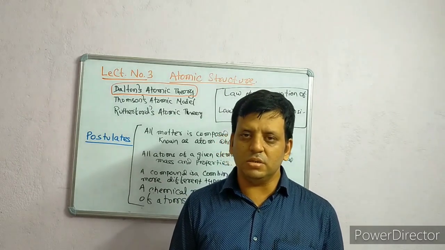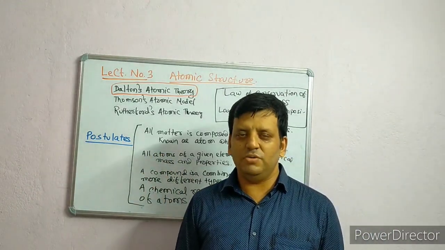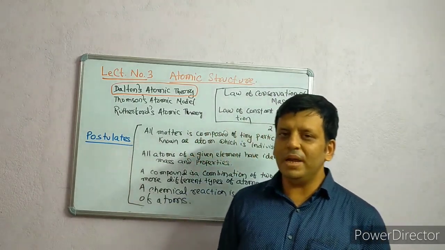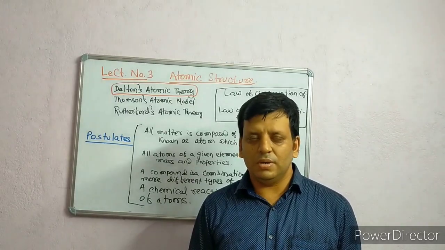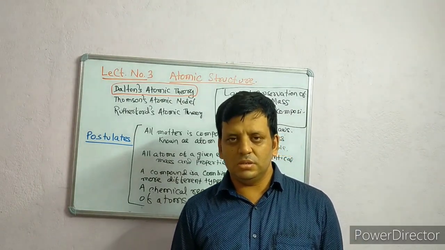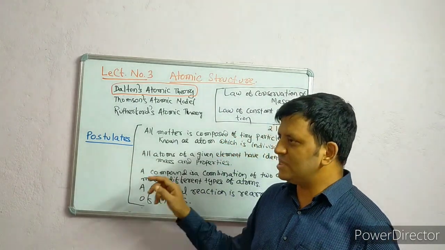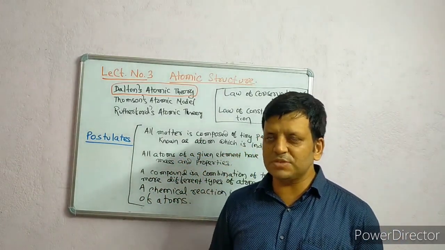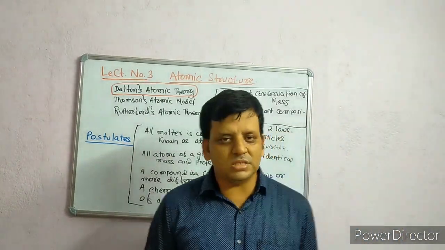Now let us come to the postulates of Dalton's atomic theory. The first postulate is all matter is composed of tiny particles known as atoms, which are indivisible. John Dalton hypothesized that this theory of atom can be used to explain these two laws, that is law of conservation of mass and law of constant composition.